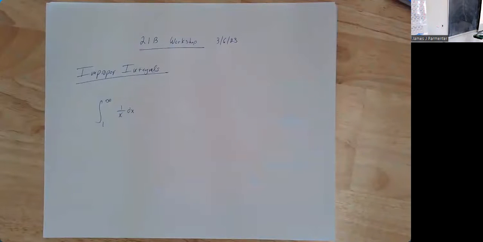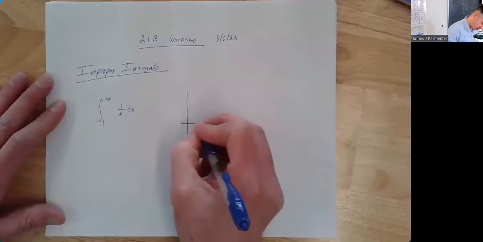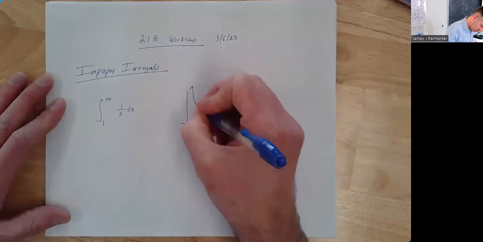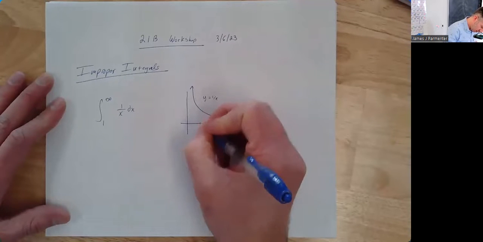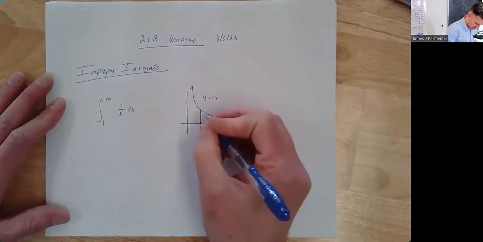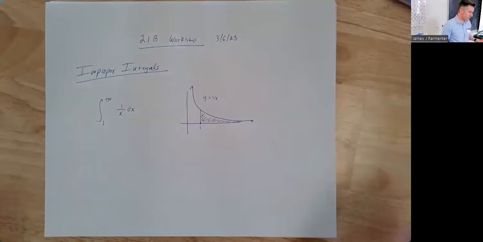So the idea is we're trying to ask how much area is under the curve y equals 1 over x from 1 all the way to infinity. And the idea is we can't just antidifferentiate this and plug in infinity, because infinity is not a real number.